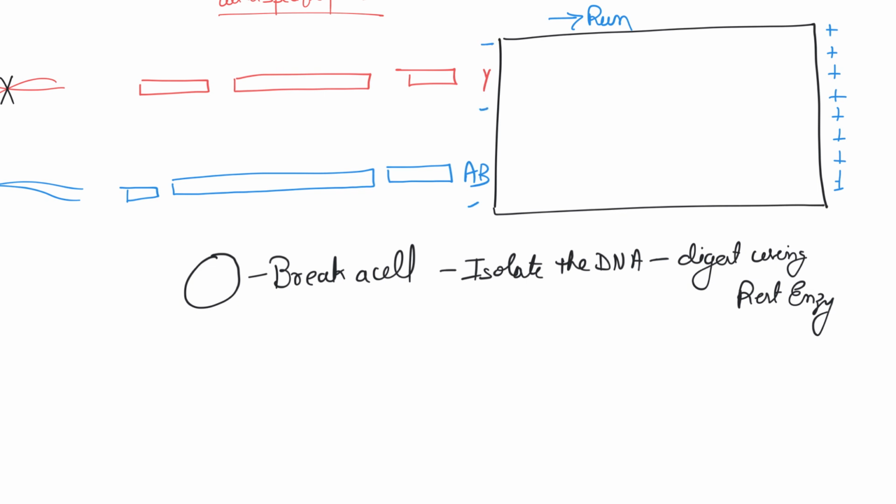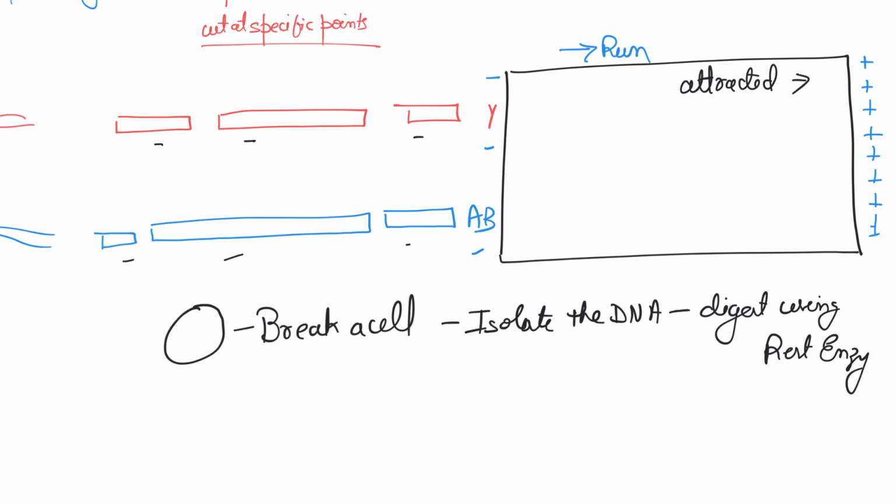The thing is, DNA is negatively charged. So all the pieces of DNA are attracted towards this end. But because of the different size, this big DNA will be slow, and the small pieces of DNA would be faster, right?